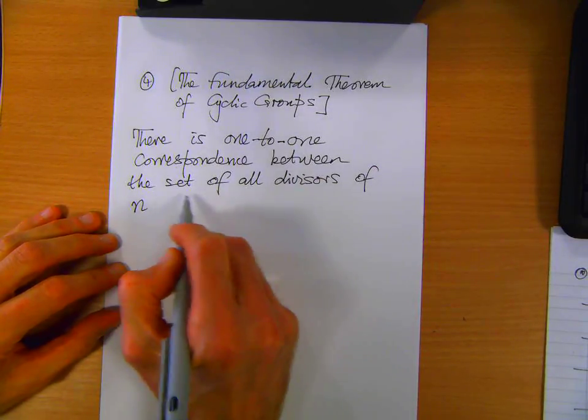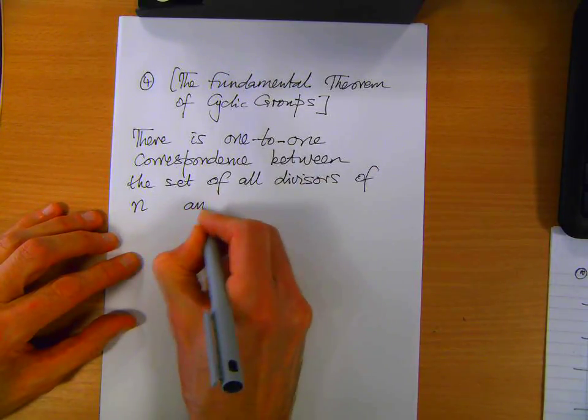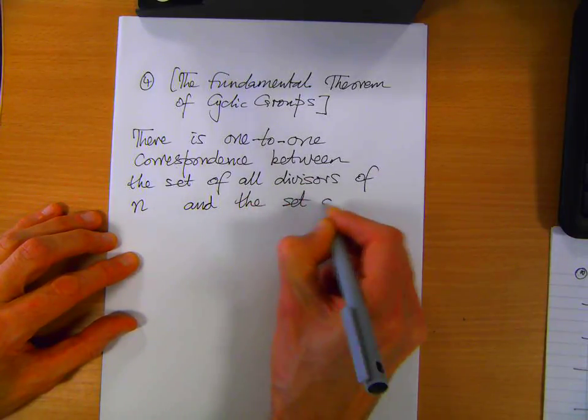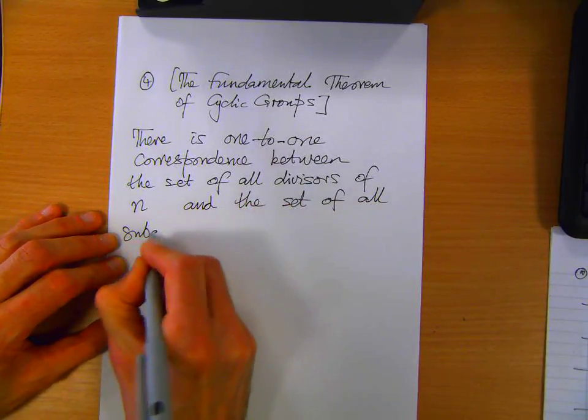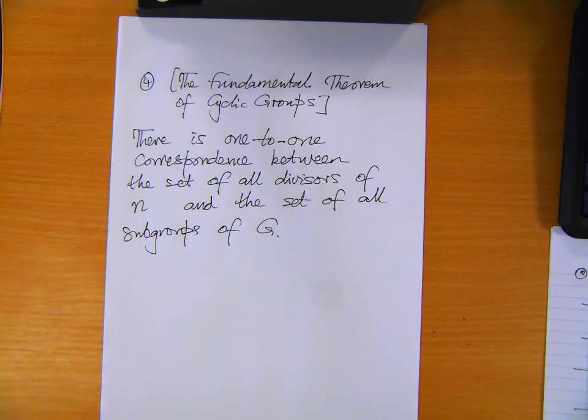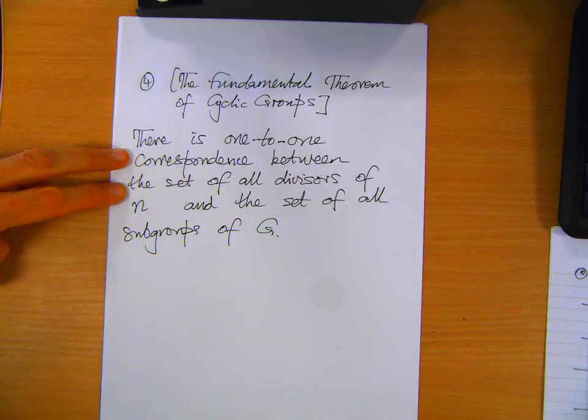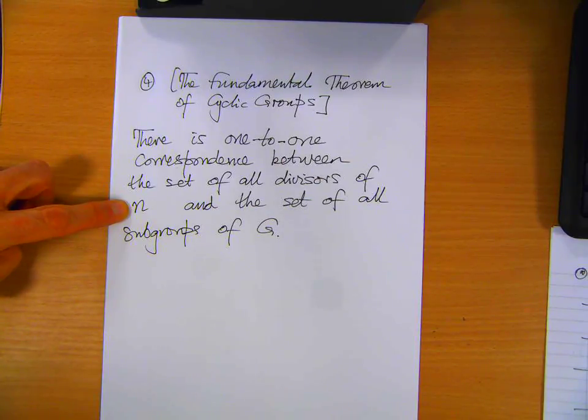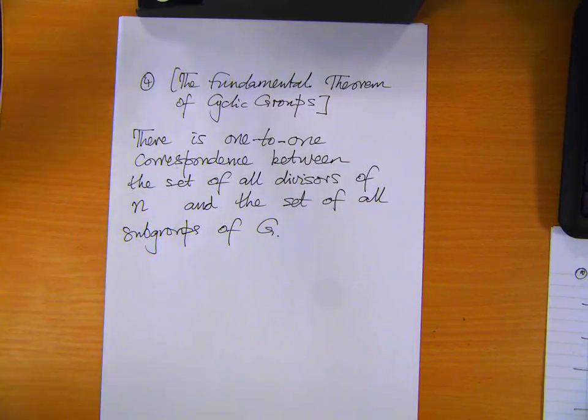There's a one-to-one correspondence between the set of all divisors of n and the set of all subgroups of G. So counting subgroups is the same as counting divisors. There's actually a nice one-to-one correspondence between these two sets. One of these is a number theoretic set determined by the order n, and the other set is a bag containing all the subgroups of G, and each subgroup will be cyclic.